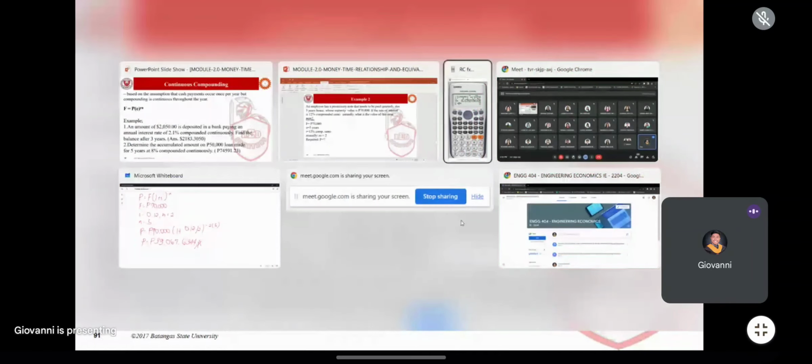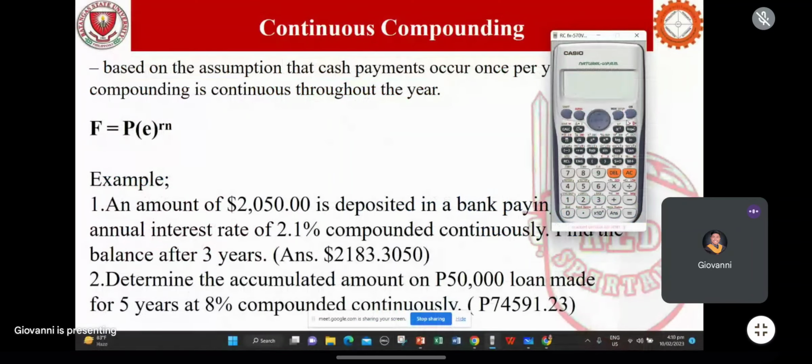So hindi ko na siya susulatin kasi multiply lang naman yan. So we have 2,050 times e raised to rn, so 0.021 times 3. So we have 2,183.3052.